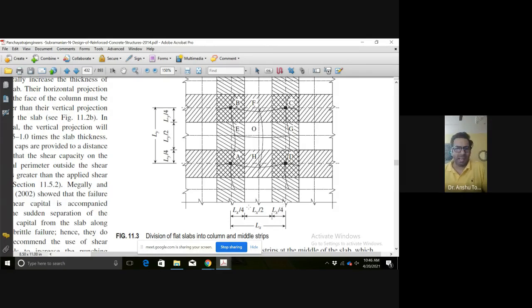So the proportioning can differ as per ACI, American Concrete Institute, as per ASTM, as per ASCE, as per Indian Standard 456, as per Eurocode.